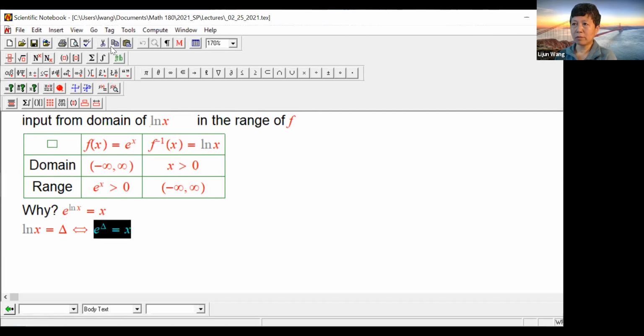From this relationship, e to the power of triangle is x. What is the triangle? The triangle is the same as ln x. So we simply replace the triangle by its equal.